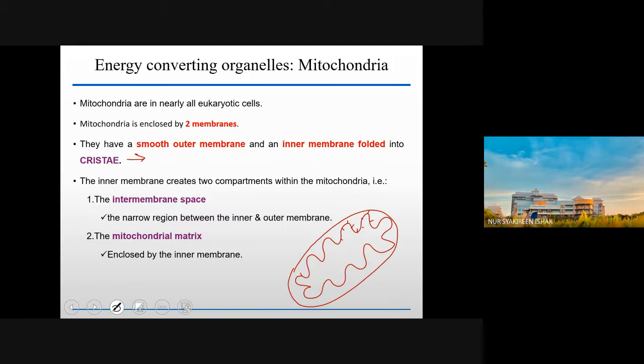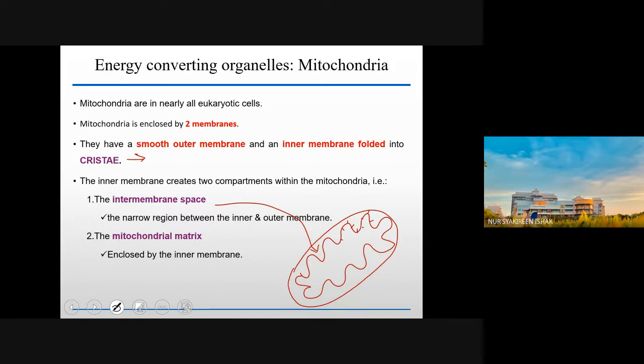The inner membrane creates two compartments within the mitochondria. This is the intermembrane space, which is the narrow region between the inner and the outer membrane. It plays a really vital role in concentrating hydrogen ions.